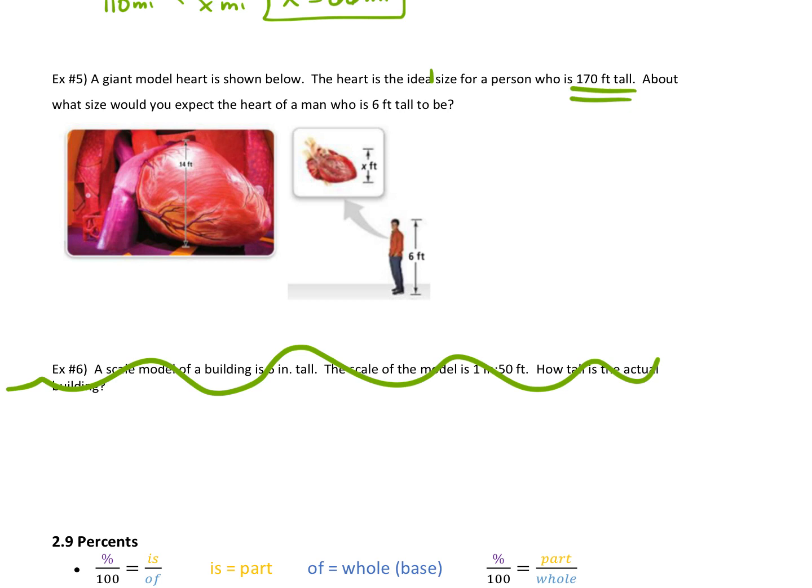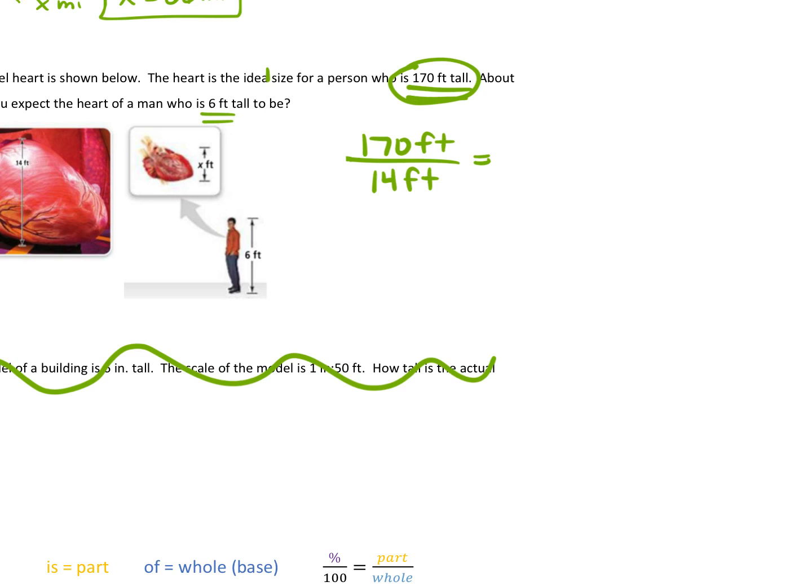It says, about what size would you expect the heart of a man who is 6 feet tall to be? If the person is 170 feet tall and his heart is 14 feet, then where does our 6 foot tall man go, top or bottom? Across from the height of the man, the height of the heart; across from the height of the heart is what we're solving for.